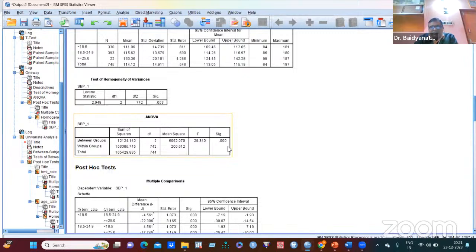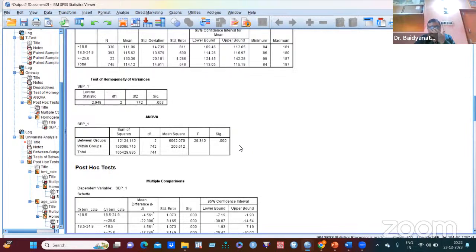If F is not significant, the 1A ANOVA is not necessary. If it is significant, then we can perform it. If it is not significant, ANCOVA is not necessary. If it is significant, you can apply ANCOVA.